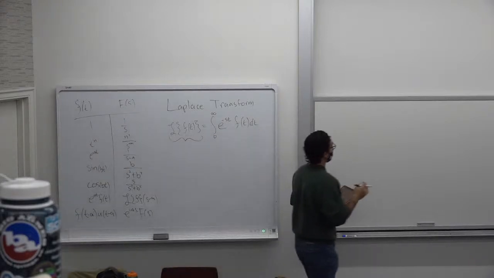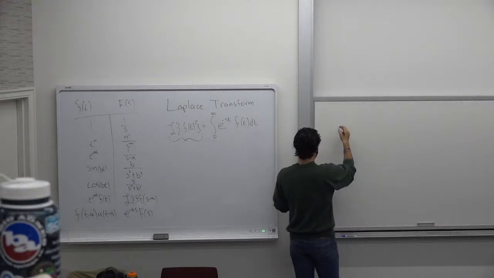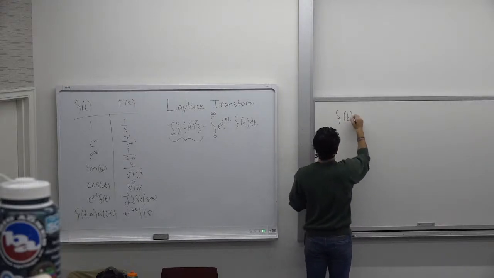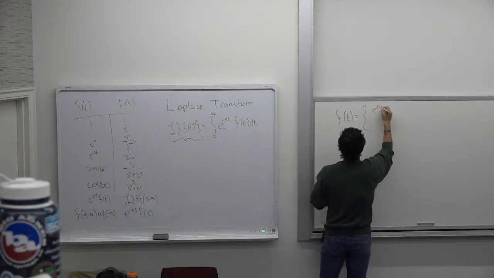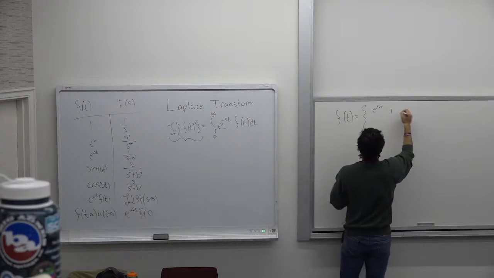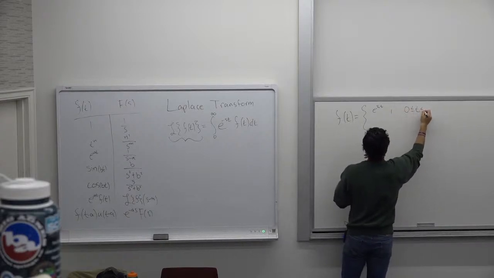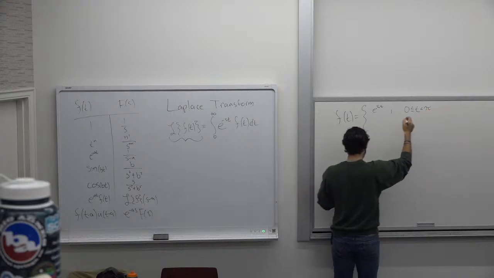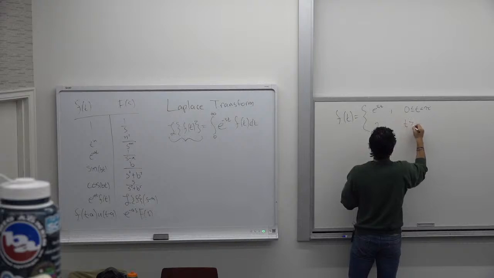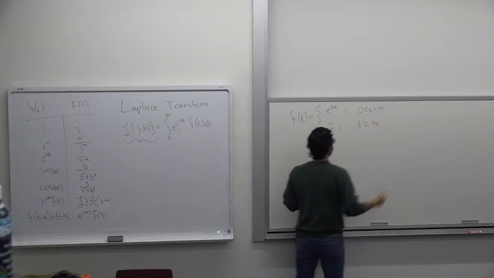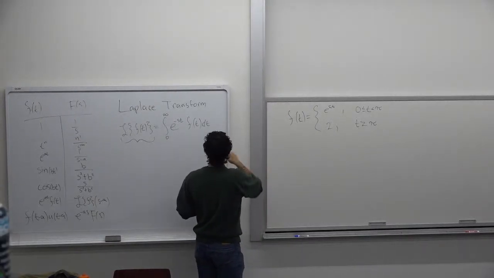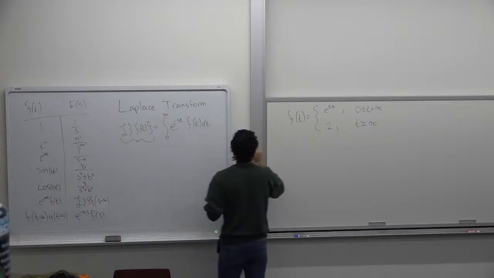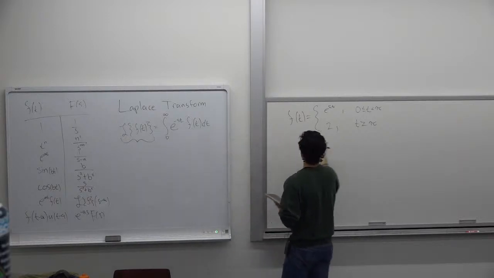So here we're given a piecewise function: f of t equals e to the 5t from 0 to pi, and it equals 2 at t greater than or equal to pi. A simple integral, we know from calculus how to separate an integral using a piecewise function.